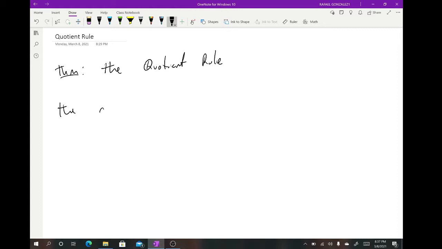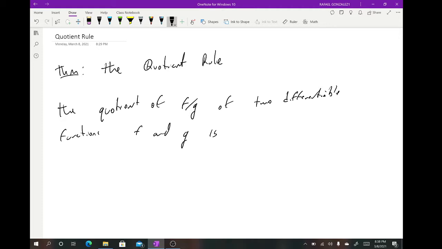So the quotient, this is a theorem, the quotient f over g of two differentiable functions f and g is itself differentiable at all values of x for which the denominator is not equal to 0.